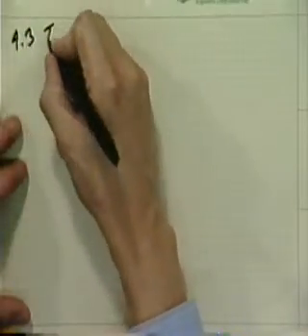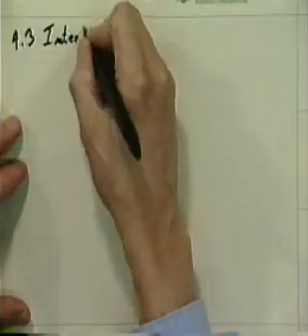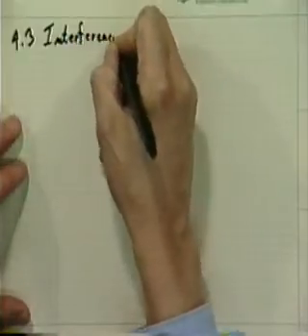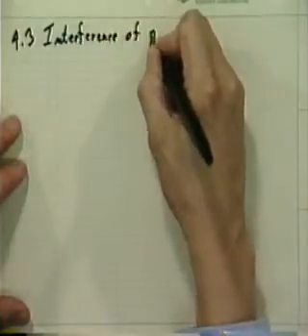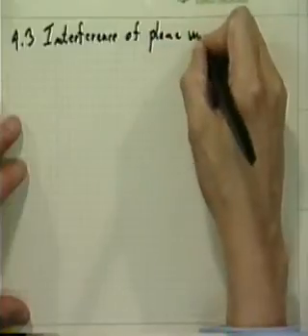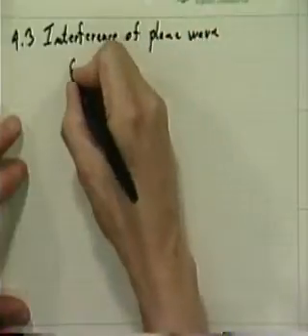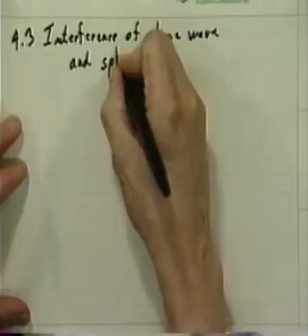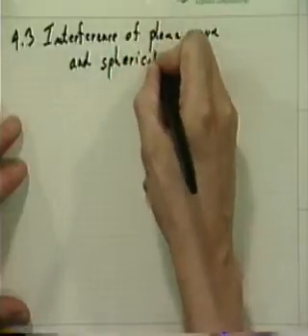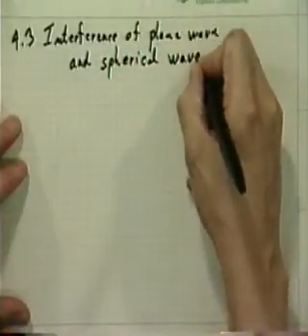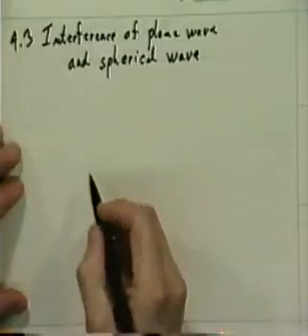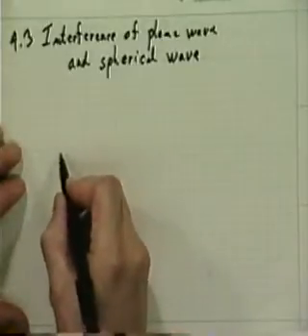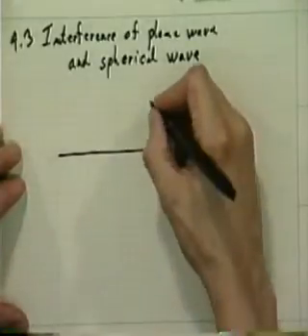So it's interference of plane wave and spherical wave. So let's just pick our axis here.